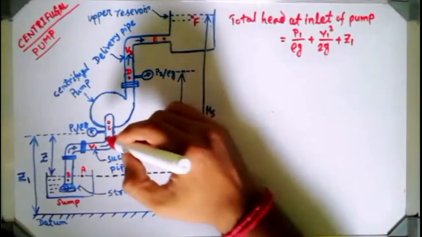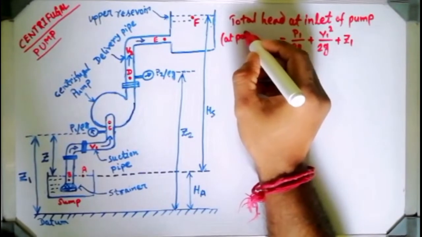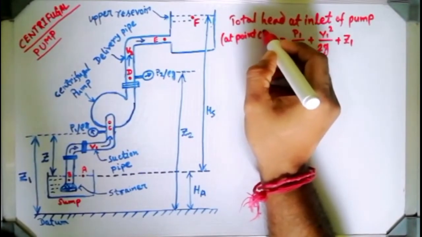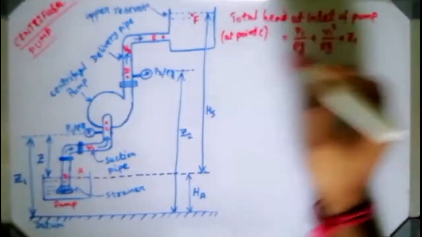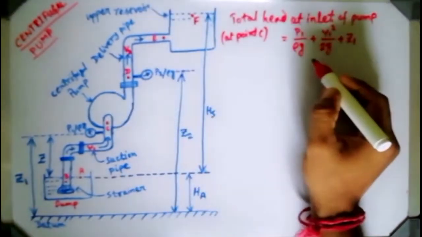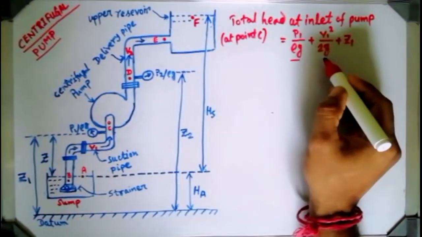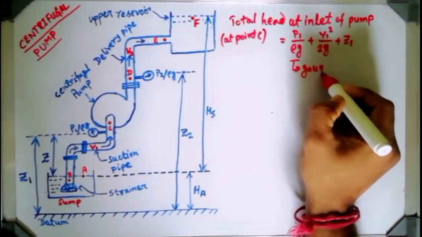Total head at inlet of the pump means which point? At point C, because that is the inlet of this pump. Point C and this pressure gauge you can consider as the same point. So this pressure gauge reading, mind it, is a gauge pressure, not an absolute pressure.